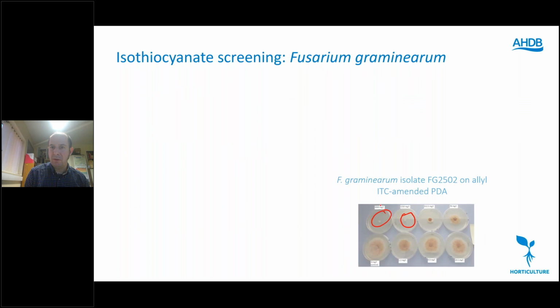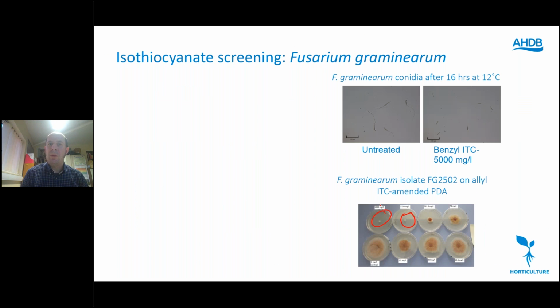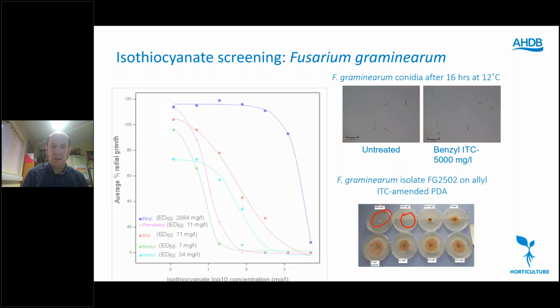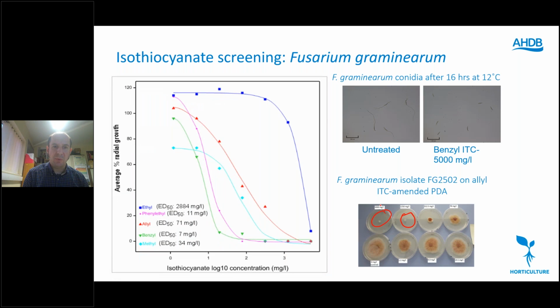Similarly, if I just go on to the next one, we can see with a high dose of this isothiocyanate here, we are getting inhibition of the germination of the spores, the conidia in this case. And this is a graph which shows, it's a complicated graph, but it shows how the radial growth of the fungus is affected in different ways by different isothiocyanates.